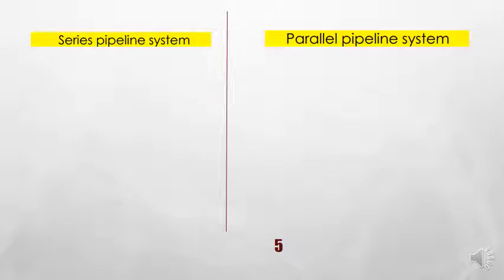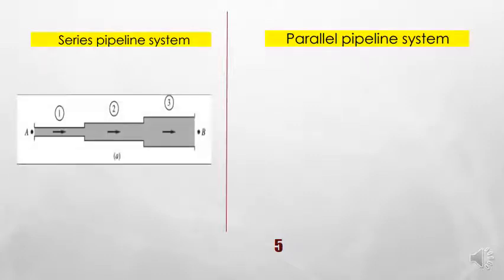I think it will be easier for you to understand the arrangement by just looking at this picture. If you look at here, this one is the series pipeline system, where the flow just goes through a straight line without being divided at any junction.